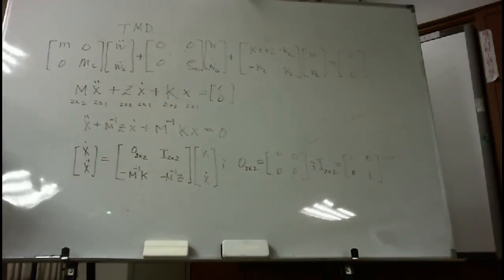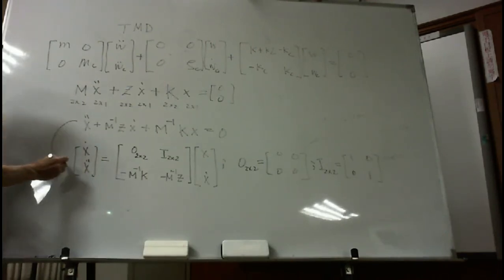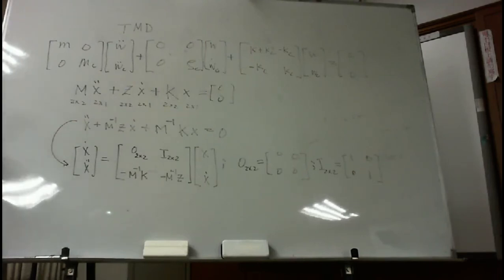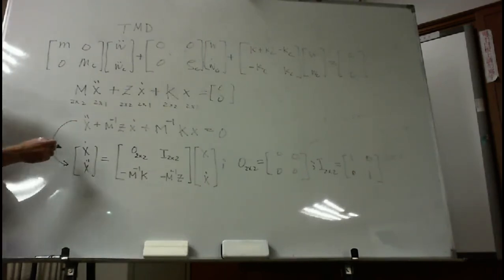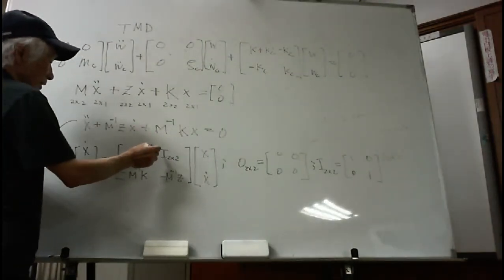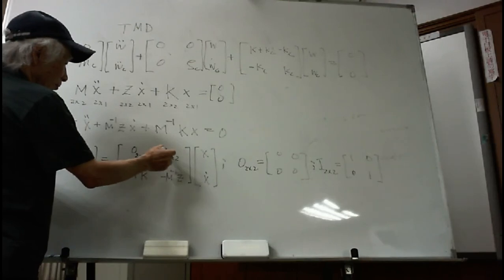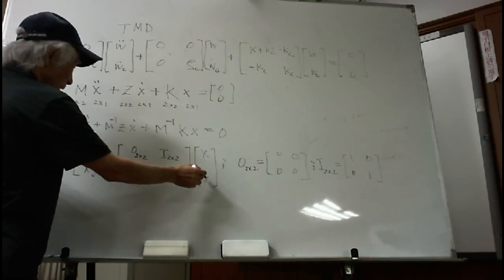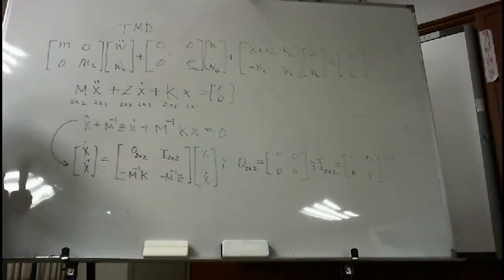Any problem? I write this in terms that this X dot, 0 times X plus I, the 2 by 2 identity, times X dot, so that's X dot equal to X dot.